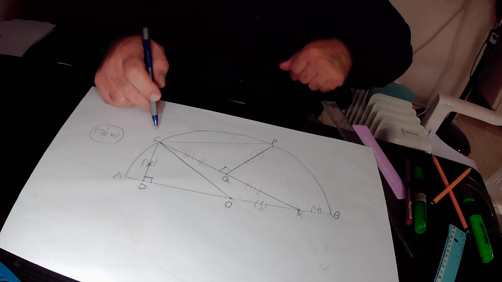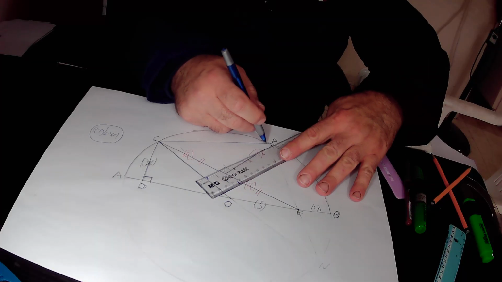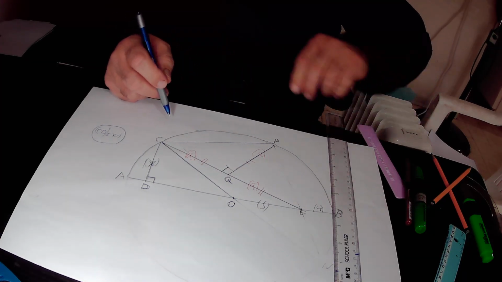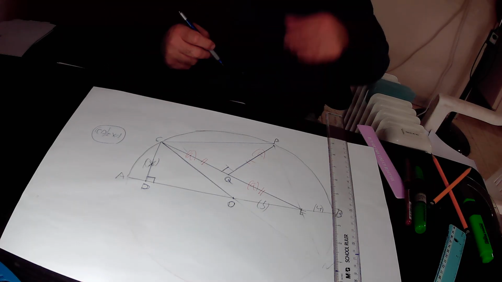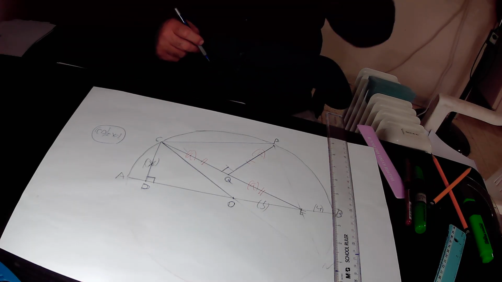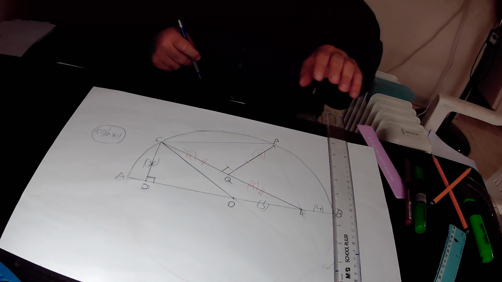By joining points C and P, we created the right triangle CPQ. We have the rule that states that in front of equal sides in a triangle there are equal angles. I repeat again, in front of equal sides in a triangle there are equal angles.